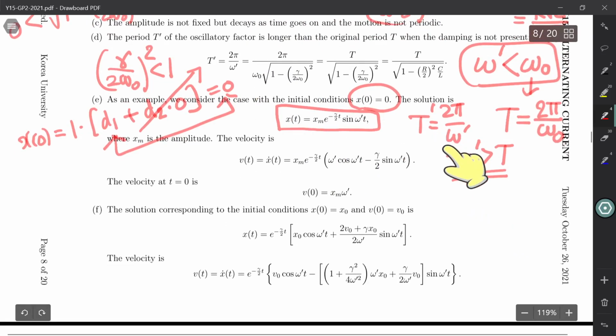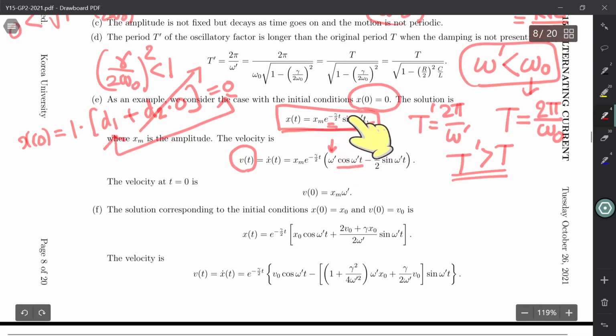We can take the derivative of this to find the velocity. We take the derivative of this exponential function and this sine function. The sine function gives a cosine with the additional factor omega prime.